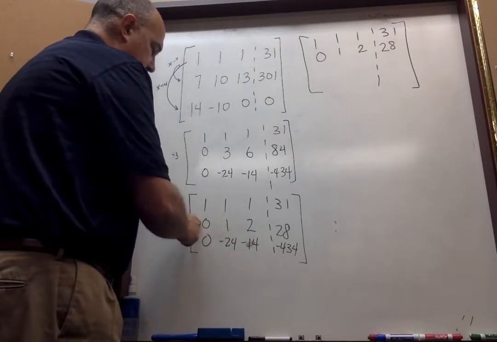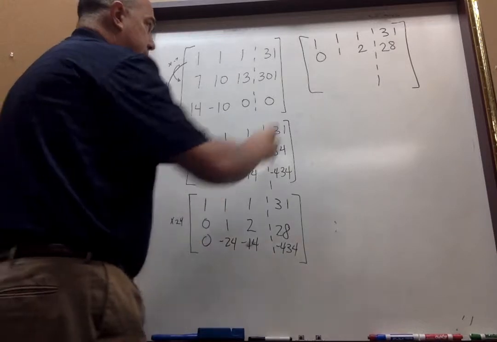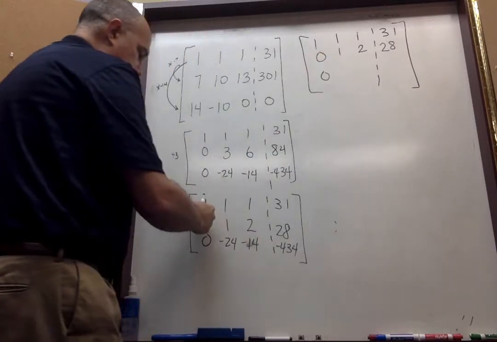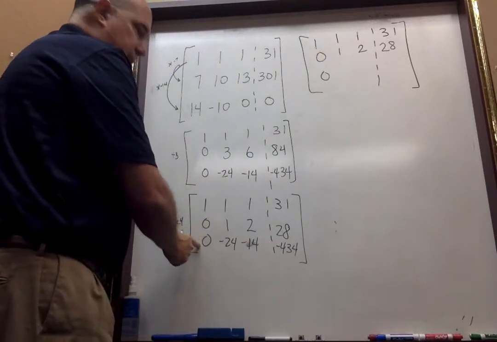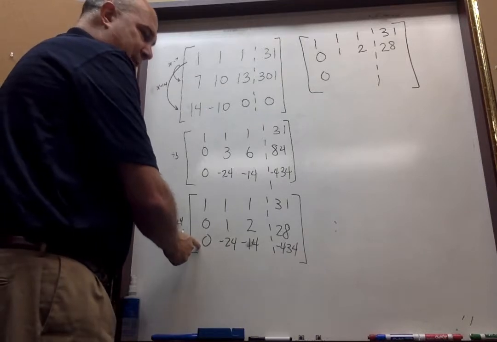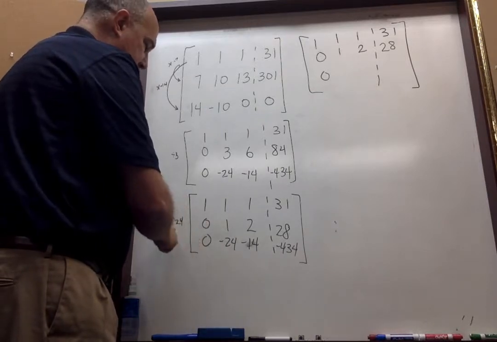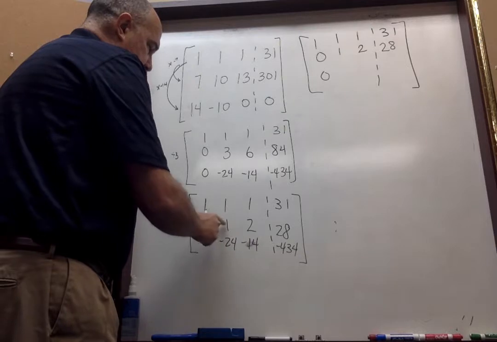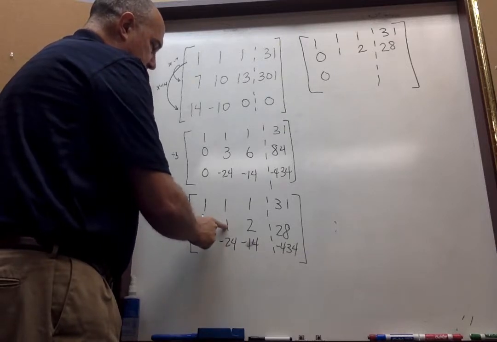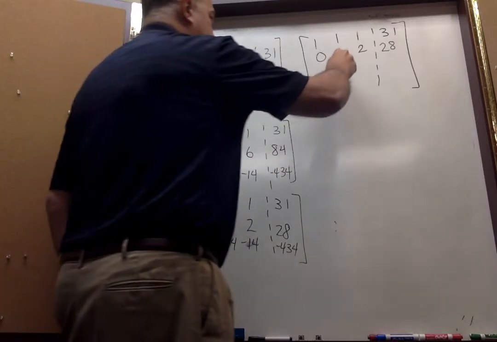And so my last row, let's see what we get there. So 24 times 0 is 0, plus 0 is 0. And so notice when we use the second row, it doesn't change that 0. It doesn't mess me up. Otherwise, I'm going to have to go back and fix that again. All right, so my second one is 24 times 1 is 24, minus 24 is 0.